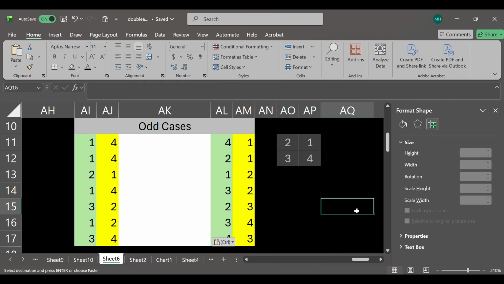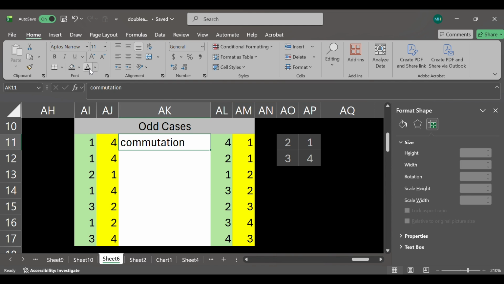Now let's consider the odd cases. 1, 4 to 4, 1. Okay, don't have to overthink this. This is just a commutation. 1, 4 to 2, 1. That's a supplementation. 2, 1 to 1, 2. Again, that's a commutation. 1, 4 to 3, 2.